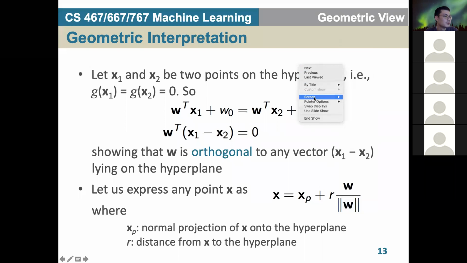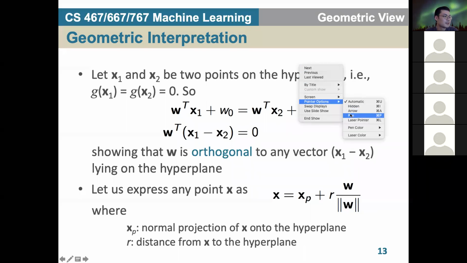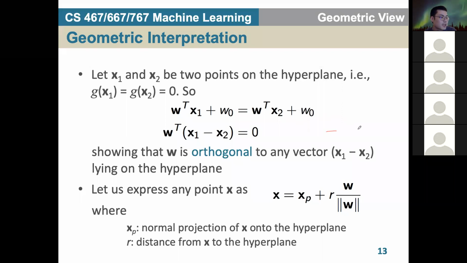Let's see how to describe it. Think of a two-dimensional space with the origin here. Now you define xp, the normal projection of x onto the hyperplane. Firstly, you have a hyperplane, then another point x. If you go perpendicularly from x to the plane, you get xp on the plane.